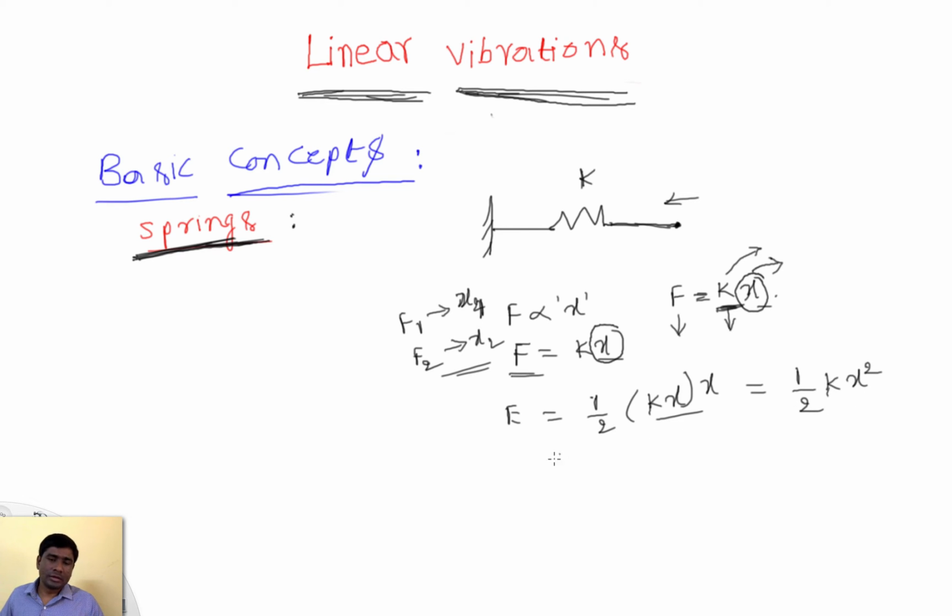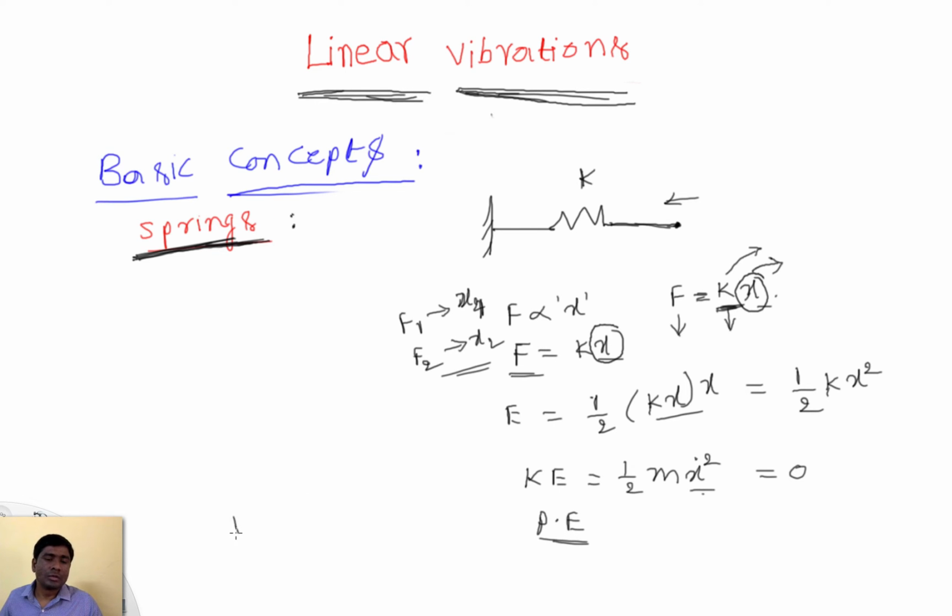And here again we need to find out the potential energy and the kinetic energy of the spring. So the kinetic energy of the spring equals half into m x dot square, but x dot is the velocity of the spring. In most cases the mass of the spring is neglected, so it automatically becomes 0. And what is the potential energy of the spring? How to calculate it?